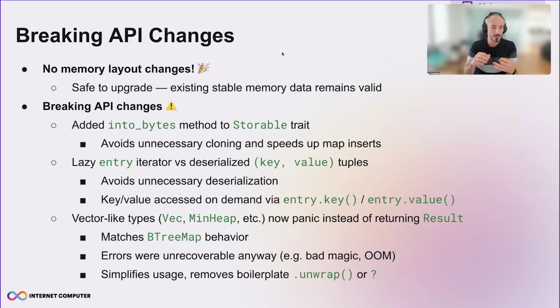This is the first reason. The second one is that those errors were not actionable because they were unrecoverable anyway, because you had to reach the memory limit, which is huge, like 500 gigabytes on the subnet. And this change simplifies the usage. It removes the boilerplate and makes the code cleaner and easier to use. Next slide, please.